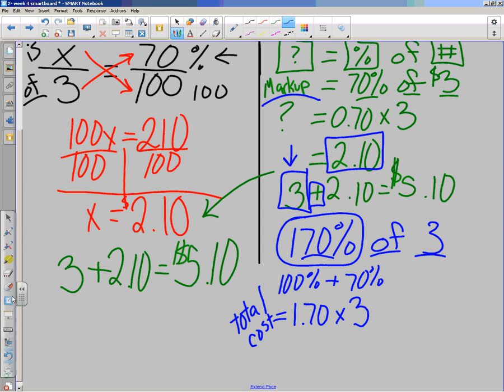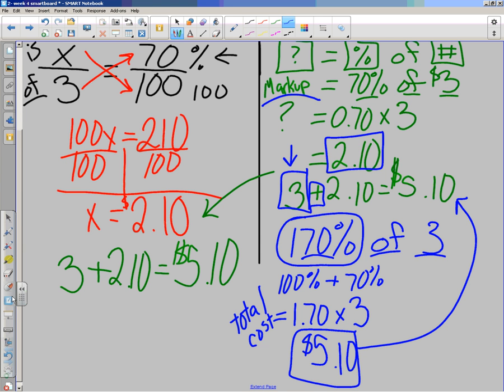When I plug this into a calculator, when I do 1.7 times 3, I end up with $5.10. The same number I ended up with doing it the slightly longer way.